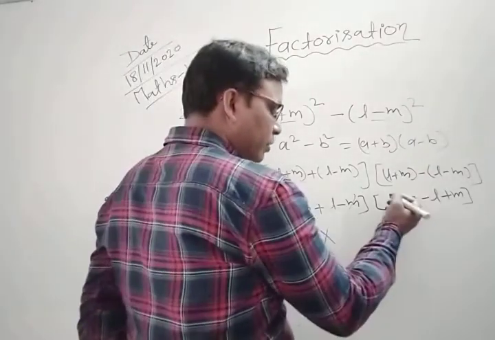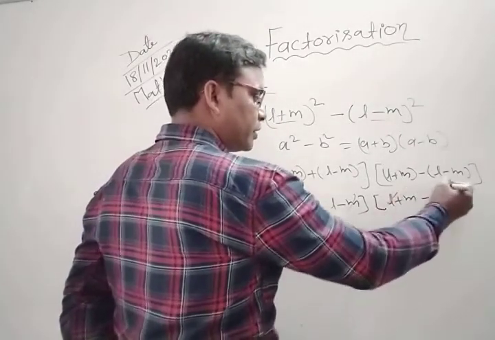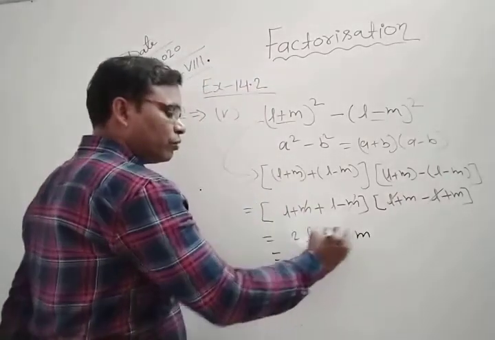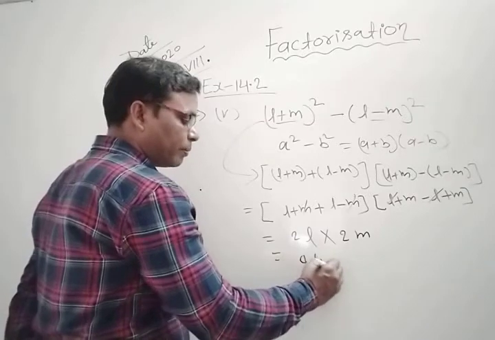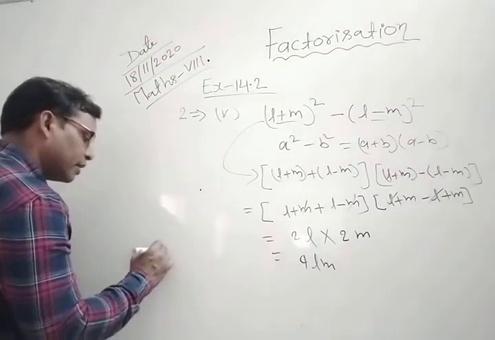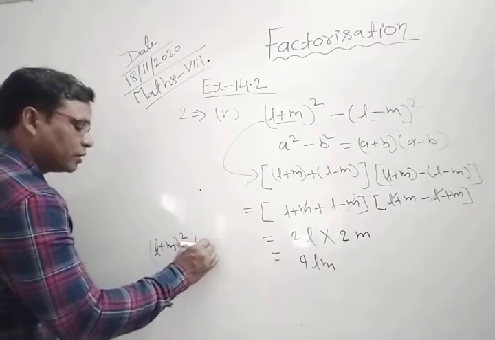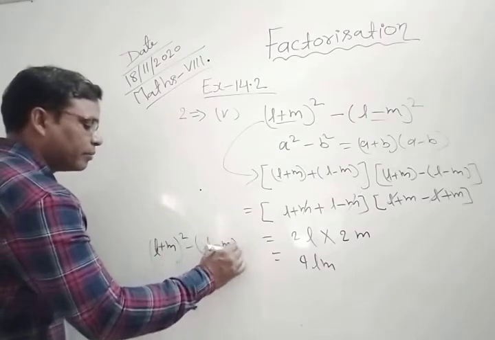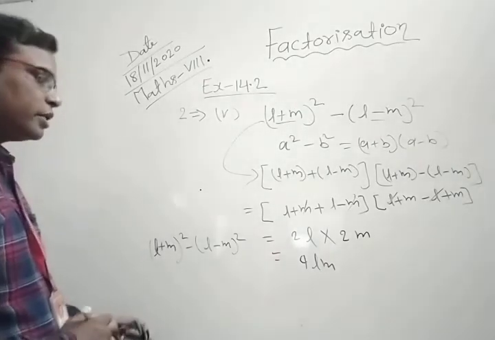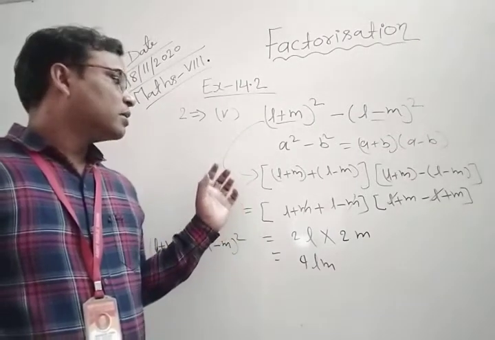In the second bracket, positive l and negative l cancel, so we have m plus m, 2m. So 2 into 2 is 4, 4lm. In this way you find the factors of the whole square of l plus m minus the whole square of l minus m, which is equal to 4lm.